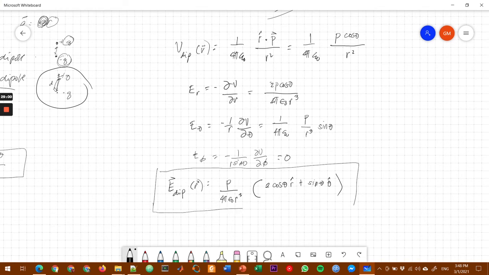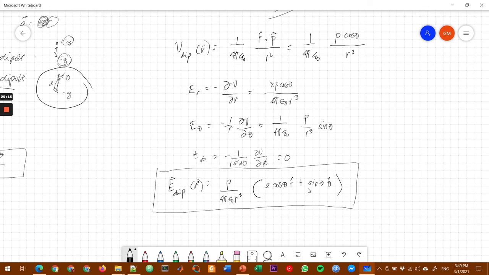So how will this look given the formula for the electric field of our dipole? What is the appearance of your electric field? Okay, we can actually draw it because we already have the equation.